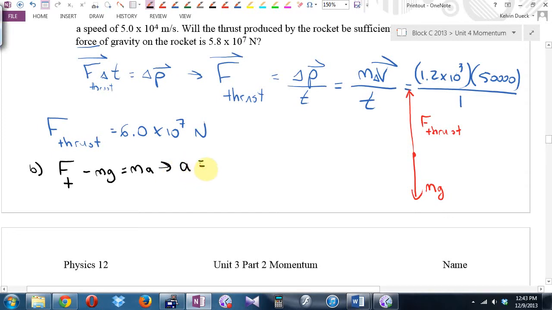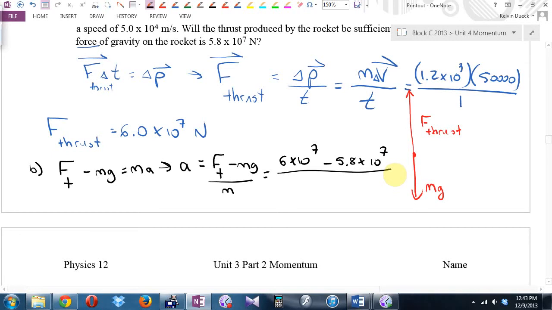A equals thrust minus mg over m, where the thrust is 6 times 10 to the 7th, take away 5.8 times 10 to the 7th, all divided by... Mr. Dueck, they didn't give me the mass. No, but they gave you the weight. 5.8 times 10 to the 7th, divide that by 9.8, and that should give you the mass.